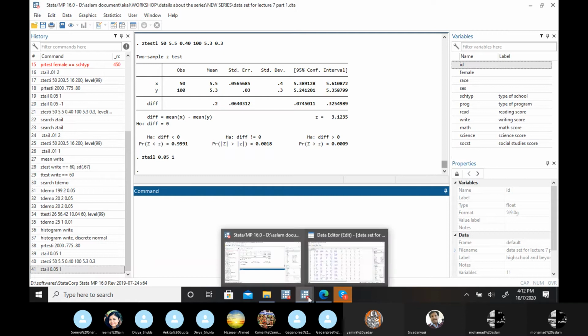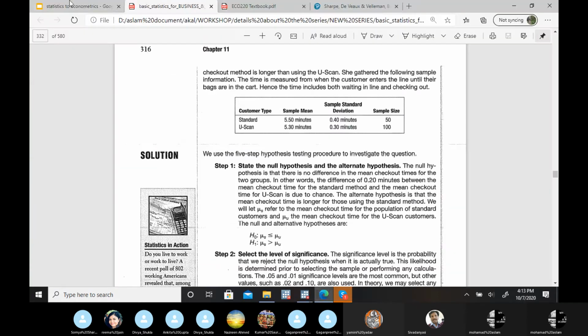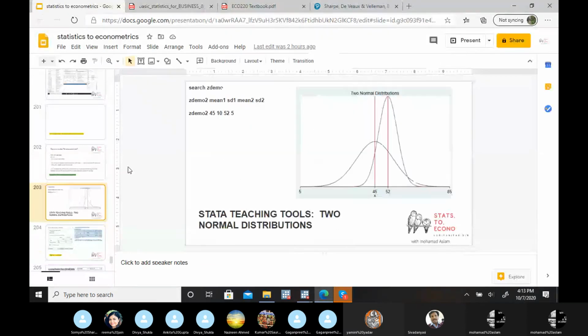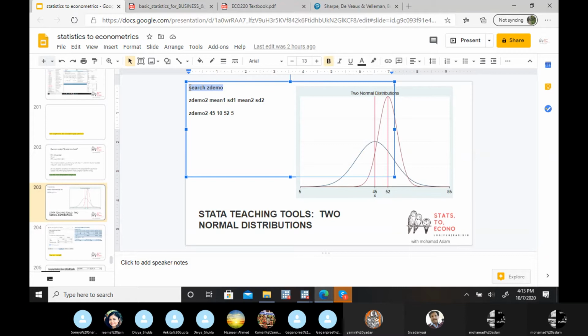For that, the command is... Okay, you can do that, but for that you have to install a particular package, that is Z demo.